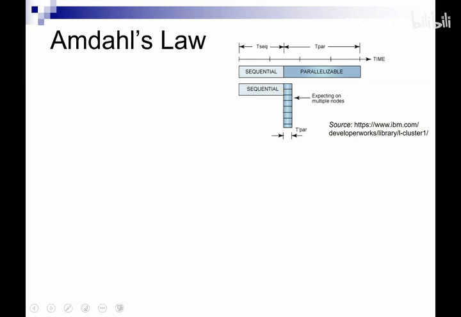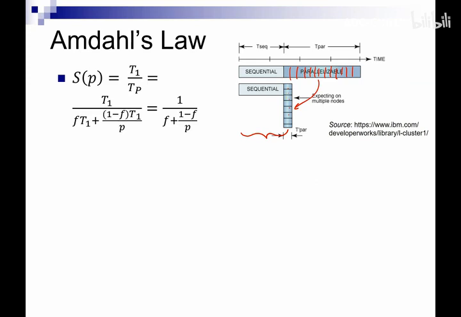But the parallelizable part you can divide among your processors, run all of these parts in parallel, and here you do get a speed up. The total running time in the parallel setting is the sum of these two parts. So that's sort of a proof of Amdahl's law.